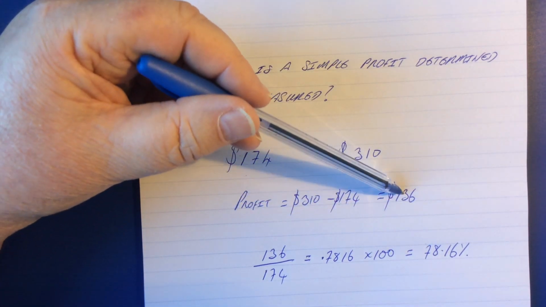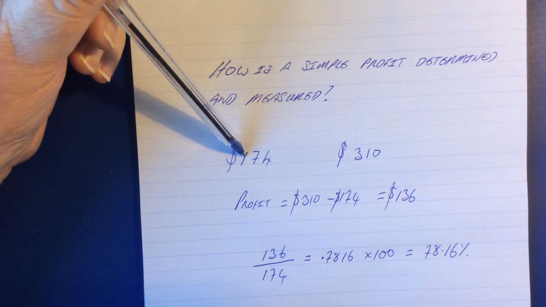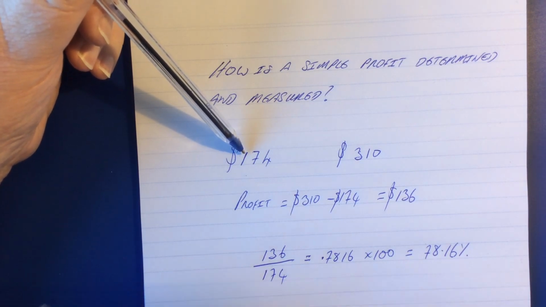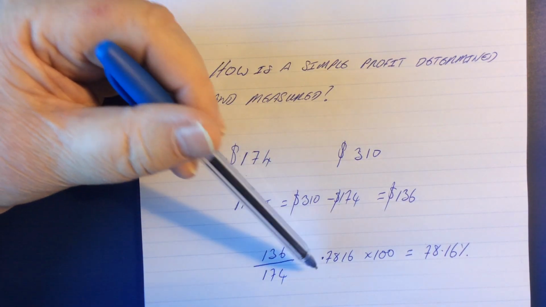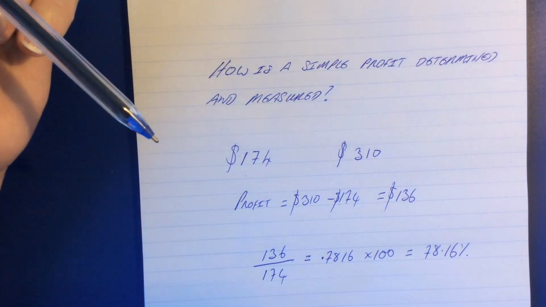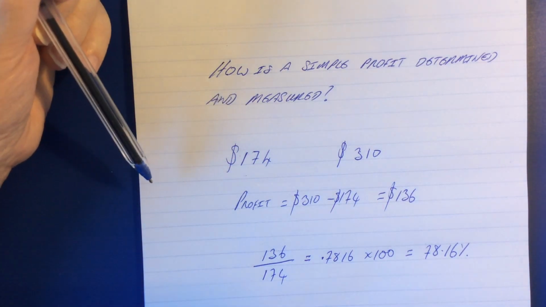So you take your actual profit and you divide it by whatever the purchase cost of the item was, or whatever you started with, and you wind up with a decimal. Multiply that by 100, you get a percentage. Anyway, I wish this had been me. It wasn't.